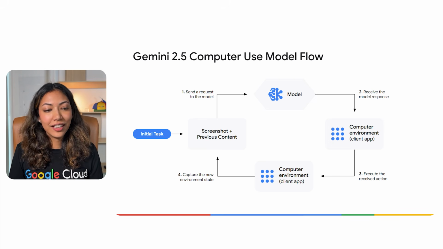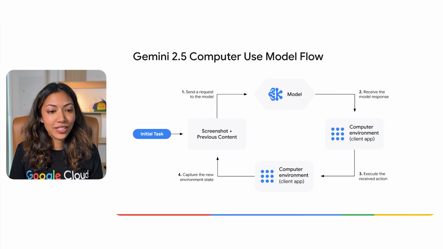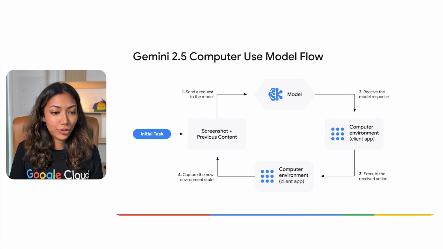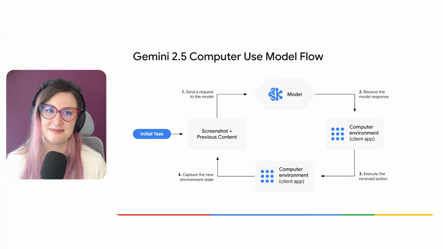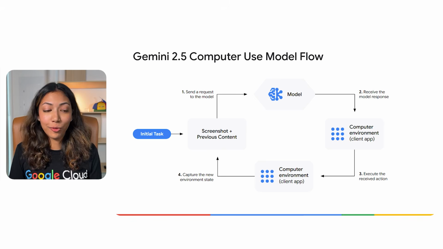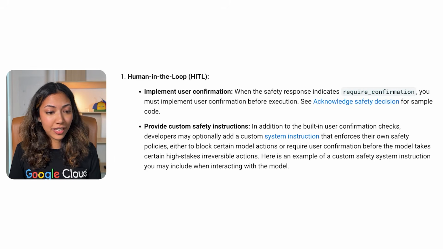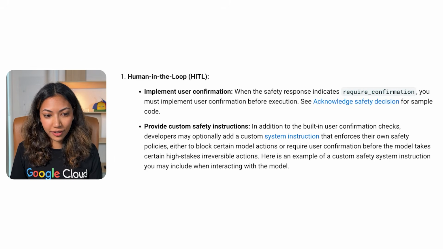So essentially, this loop means agents can automate all sorts of real-world browser tasks, such as filling out forms, scraping product data, testing user flows, anything that normally needs a human at the keyboard. Under the hood, it's built with a ton of safety layers.